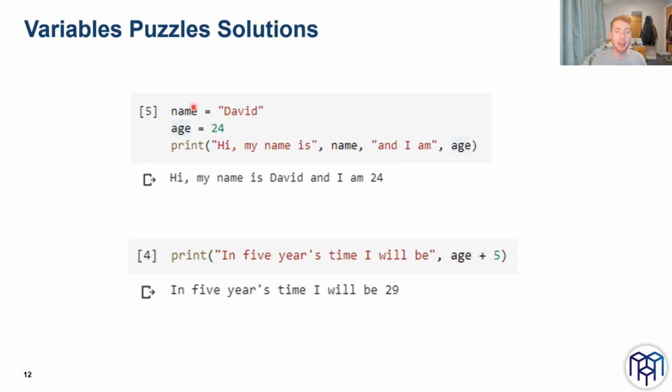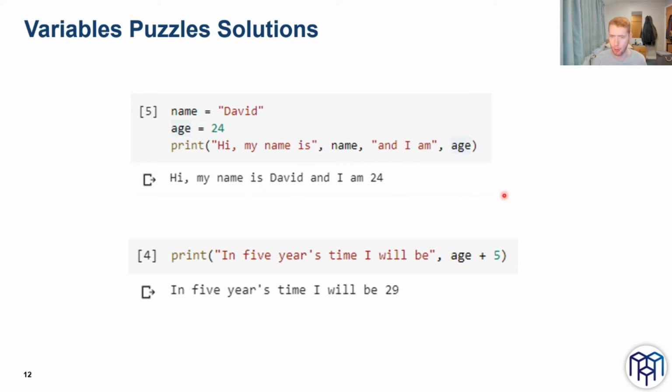So now name is just kind of a name representing the data David, and age is just a name for the data 24. And so we can print out, hi, my name is, and then name, and I am age. And so because we didn't put quotes on name and age, Python's going to go, okay, those must be variables. Oh yeah, I remember you setting those to be David and 24. And so we replace those with those values.